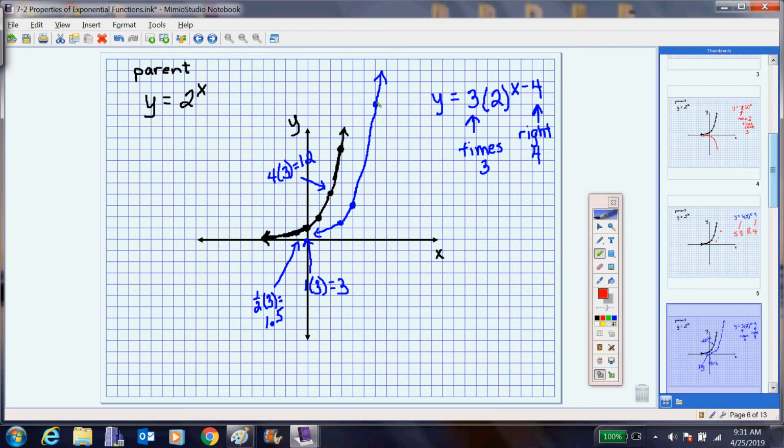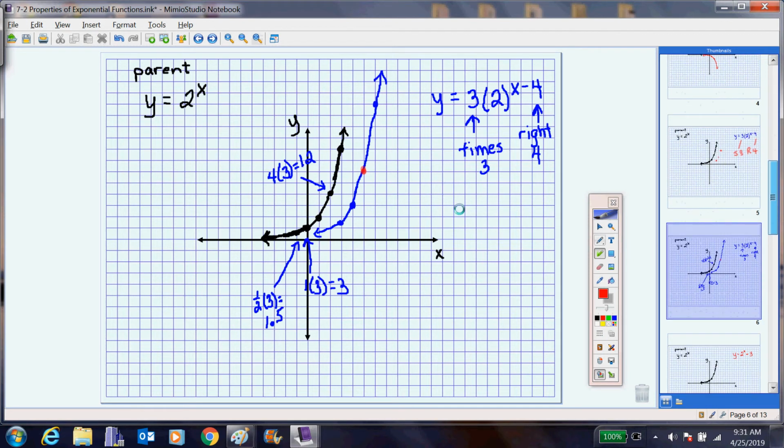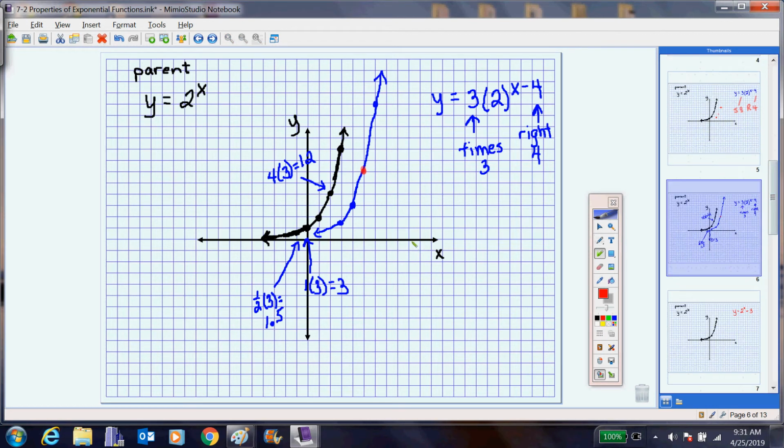That one we didn't do. 2 times 3, I don't have this one in. 2 times 3 was 6. And then move it over 4 would have given you here. Okay, that's the one that I didn't put in. So it's actually there. And then on so that it makes that very nice shape like that.